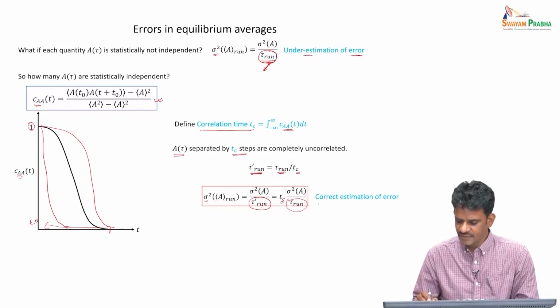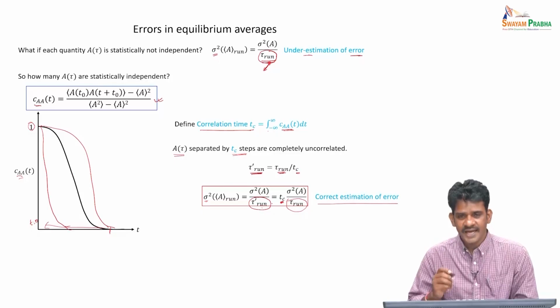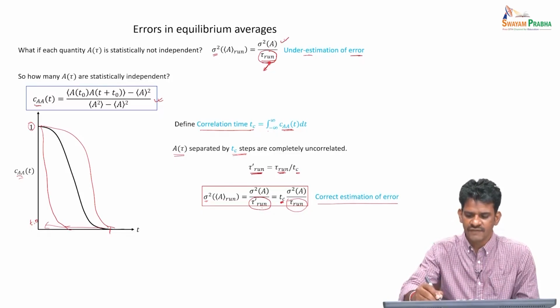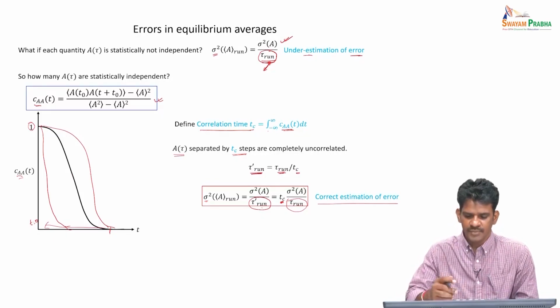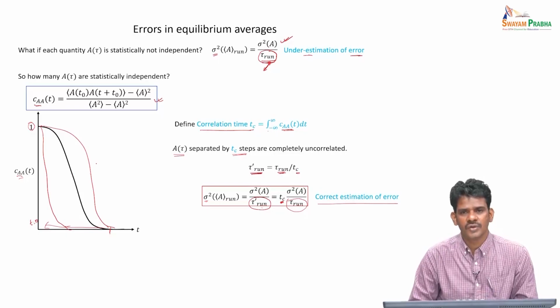This will give us the correct estimation of error, because we have taken care of the actual number of statistically independent data sets, whereas in the earlier expression we assumed that all the data points could be correlated. So based on this autocorrelation time calculation, we can find the autocorrelation time and correct the estimate of error.